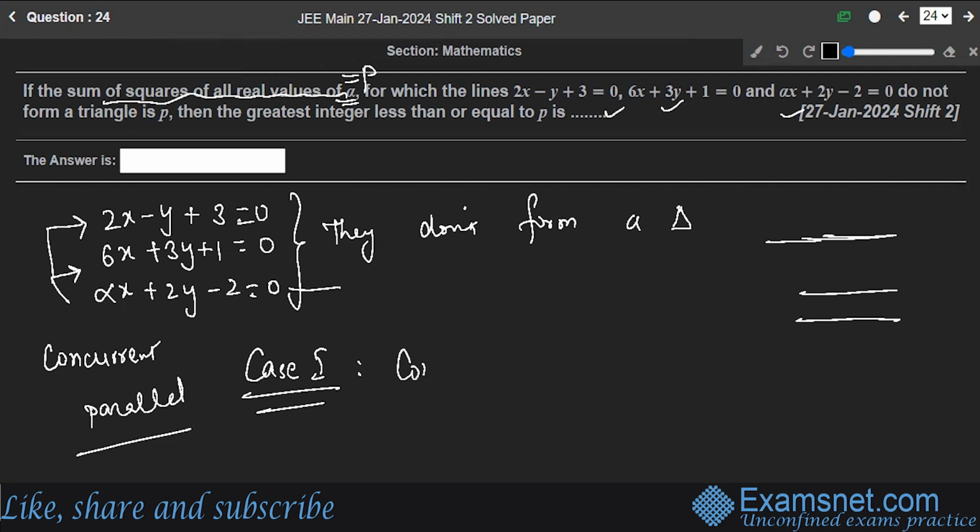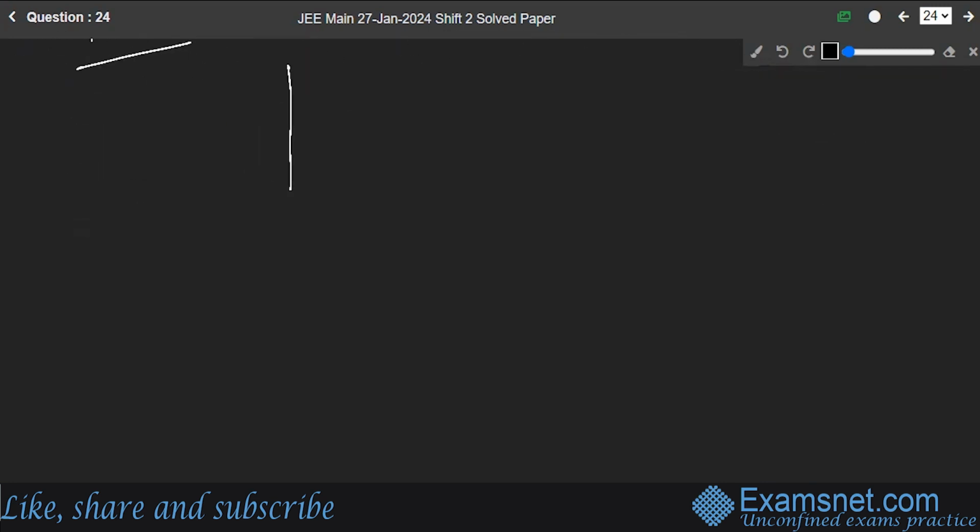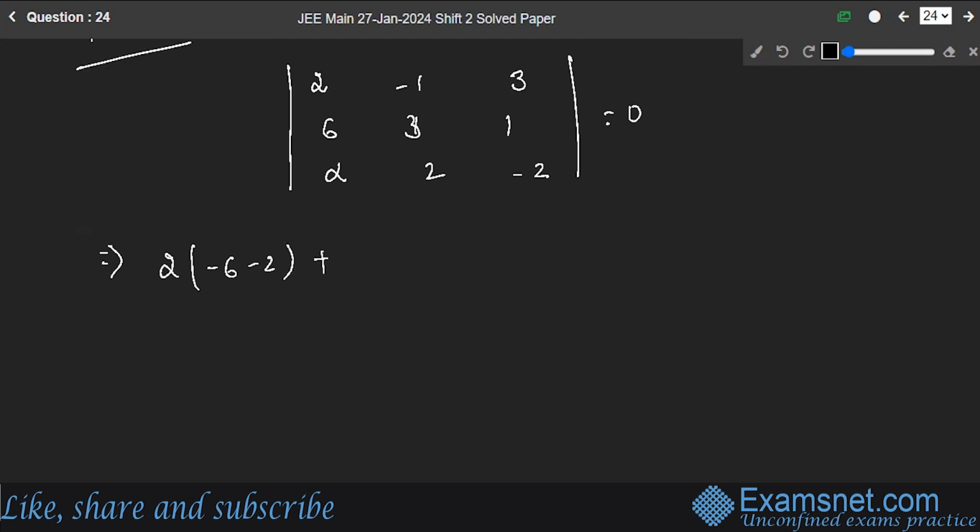What are the conditions for that? The determinant of the lines is equal to 0. What will be the determinant? 2, minus 1, 3; 6, 3, 1; alpha, 2, minus 2. This determinant is equal to 0. Or this will be 2 into minus 6 minus 2, plus 1, 12 minus 3 alpha, plus 3, 12.